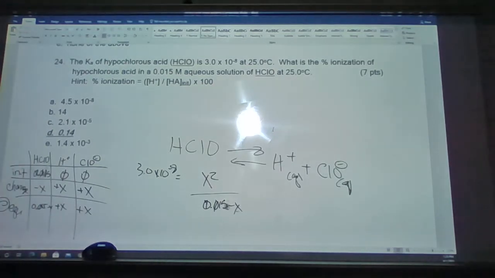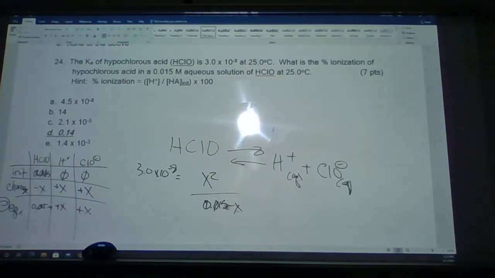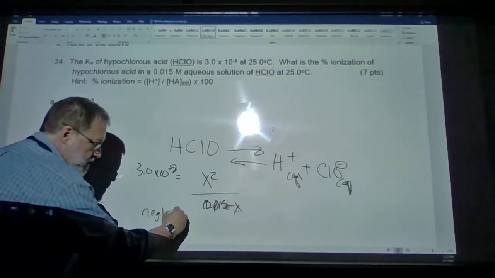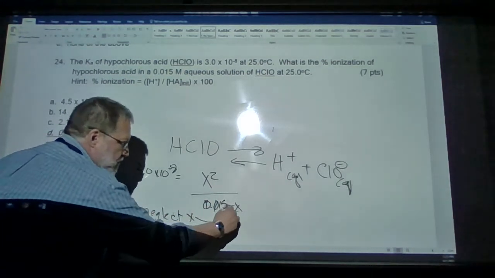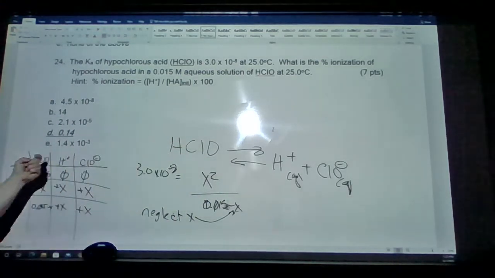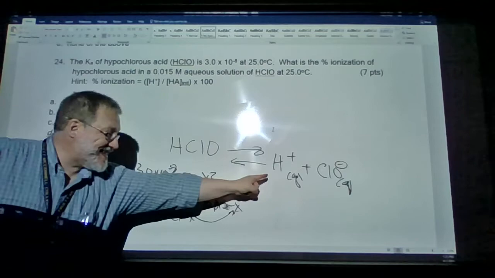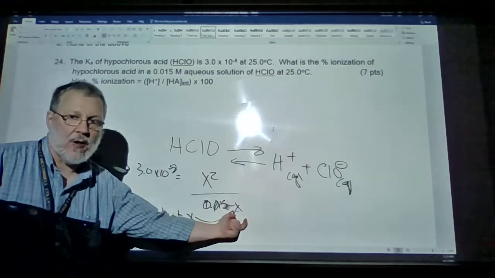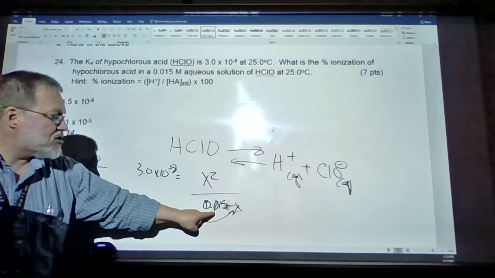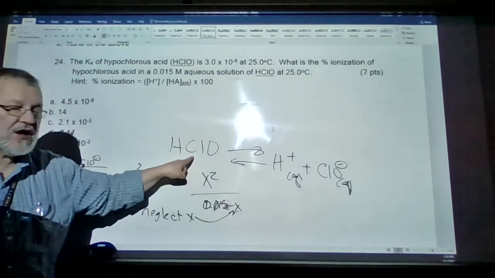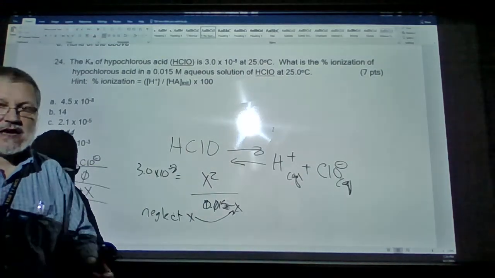That's a math problem. This is not math, this is chemistry. So we can neglect the X term. We're saying that the amount the acid ionizes is so small that the change made to the concentration of our acid is negligible.